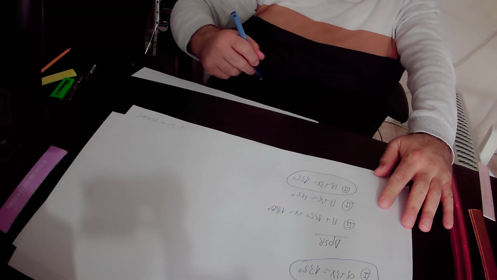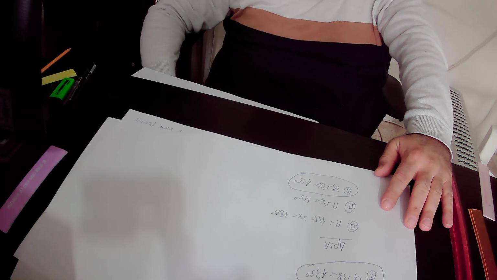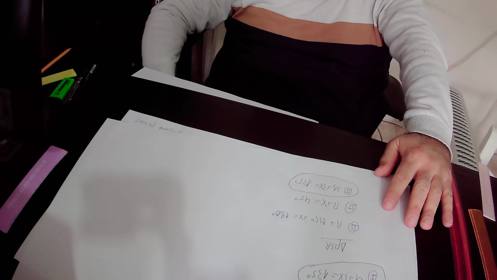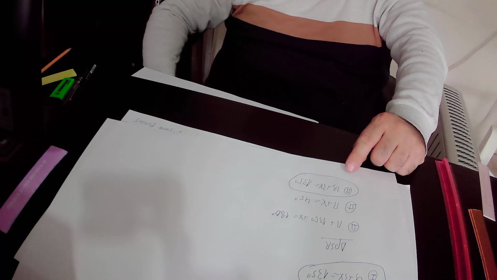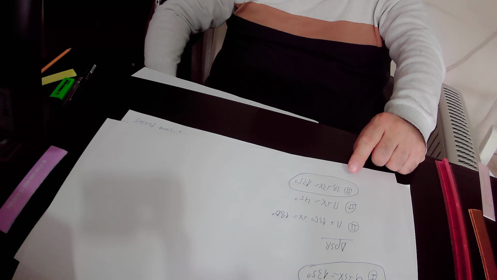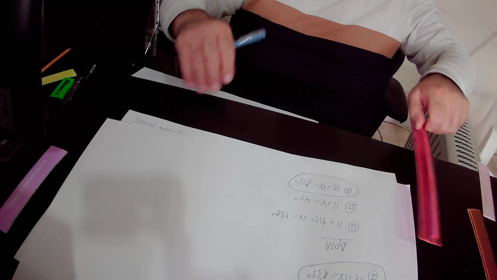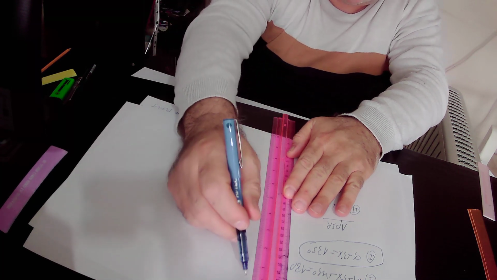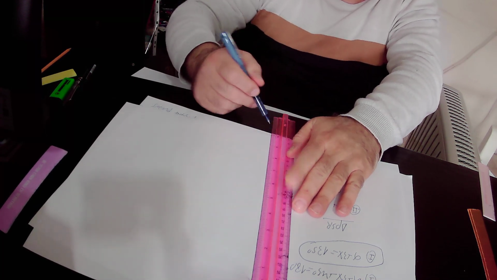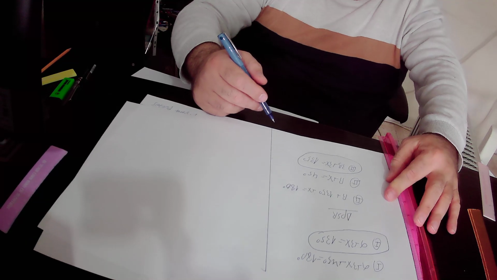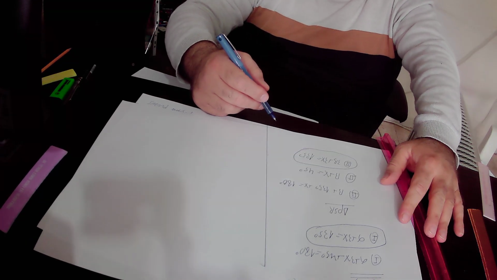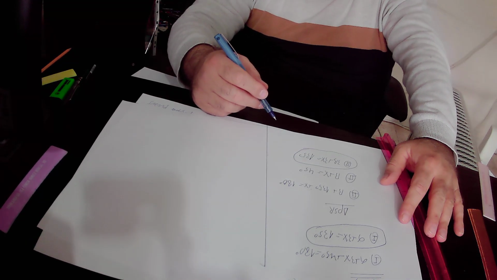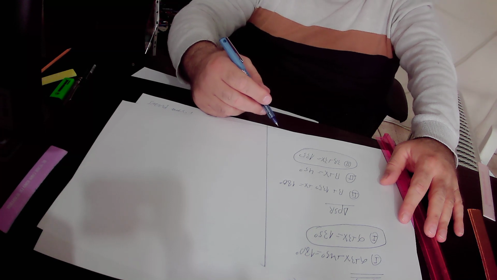According to equation number 1, alpha plus 3x equals 135 degrees, and according to equation number 2, 3 beta plus 3x also equals 135 degrees. So we can compare equation number 1 to equation number 2, because in both of them we have 135 degrees.